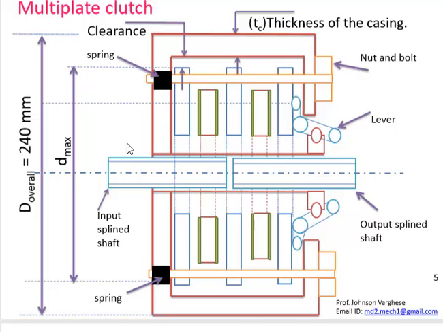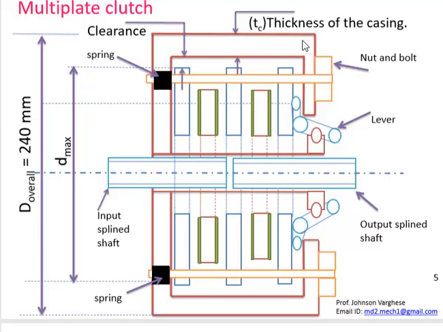Now the overall dimension of this clutch box is given as 240 mm. So that is given in the question. We have springs used at the upper and the lower part, and as given in this question, 6 springs are used here.